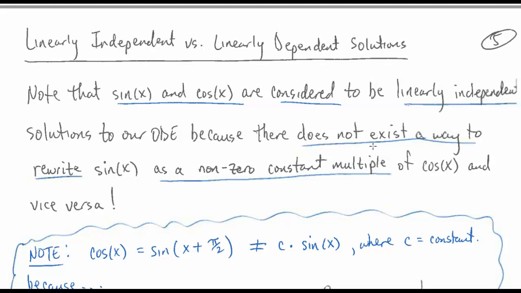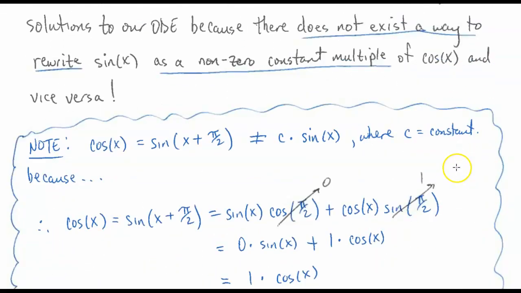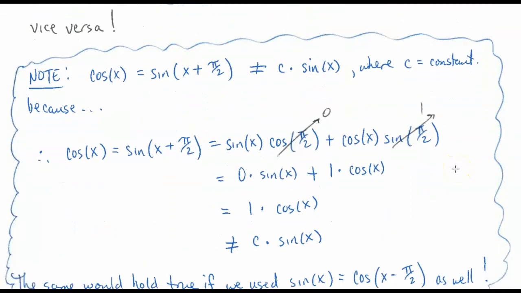So we consider sine and cosine to be linearly independent solutions because in general, there does not exist a way to rewrite sine as a non-zero constant multiple of cosine and vice versa. To show that, we know that the cosine function is nothing more than a sine function that is horizontally shifted to the left by pi over 2 units.